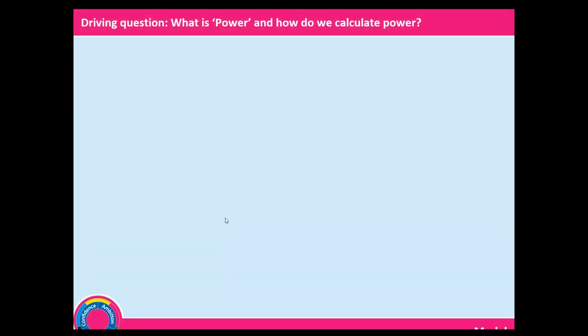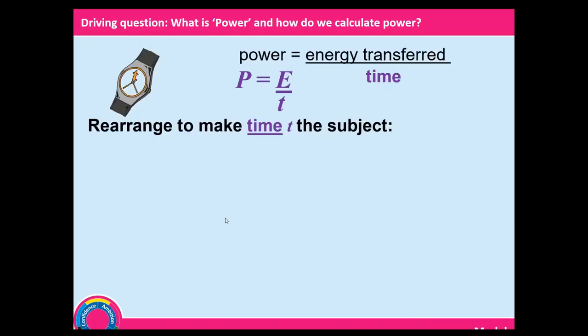Now let's take the third rearranging of this equation, and this time around we're going to rearrange the equation to make time the subject of the formula. So you might be given a question wherein the power is provided, the energy transferred is given in the question, and you have to find for how long the equipment was on. We write down a standard equation, P equals E divided by T. This time around, we have T in the denominator.